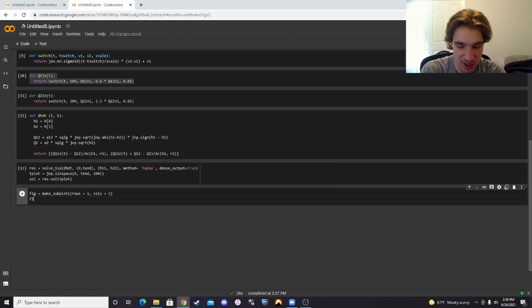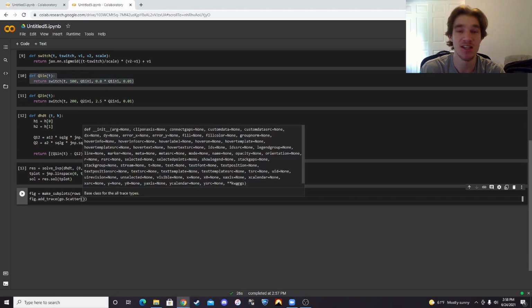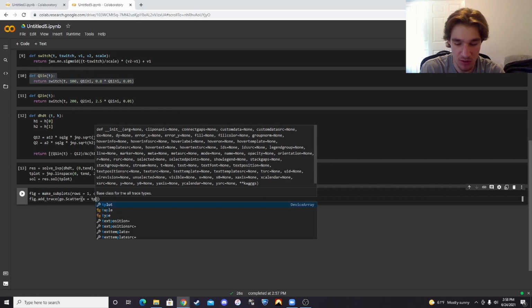So once we have that, we can do fig.add_trace, and that will add a line, or our function, to whichever graph we choose. In here, we need to use our graph objects, and we'll do the scatter command. This allows us to pick our x and y variables. So x is going to be equal to tplot.